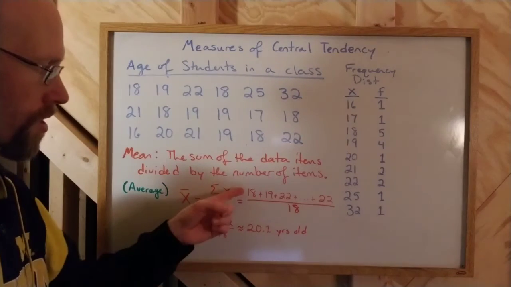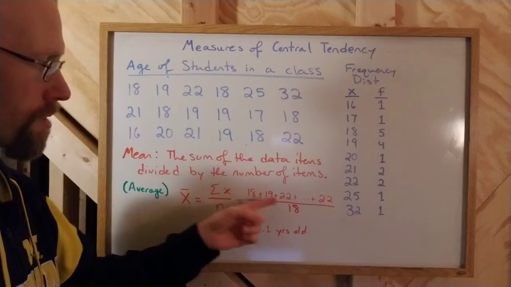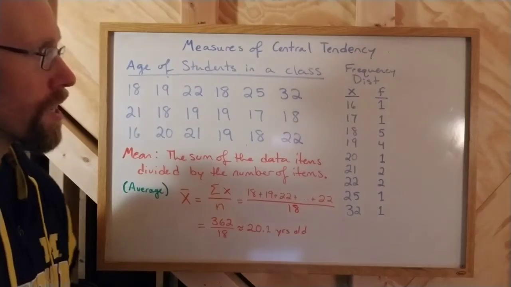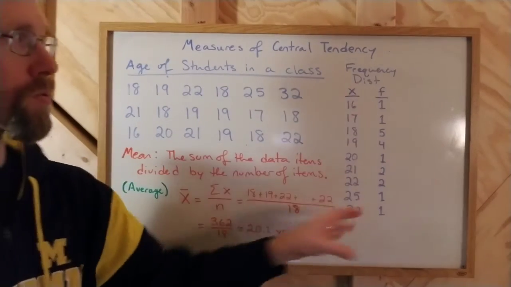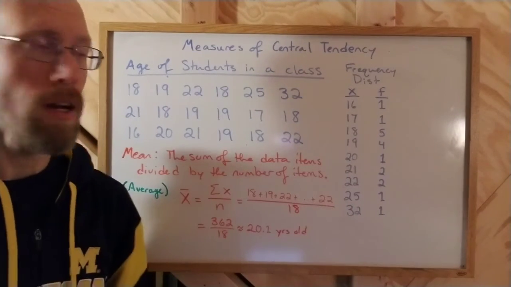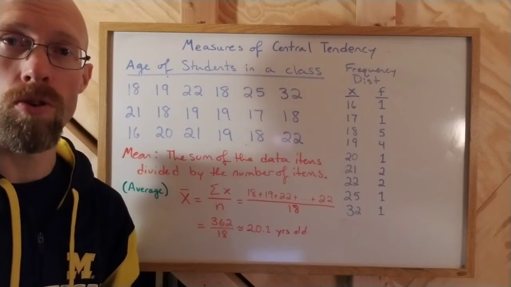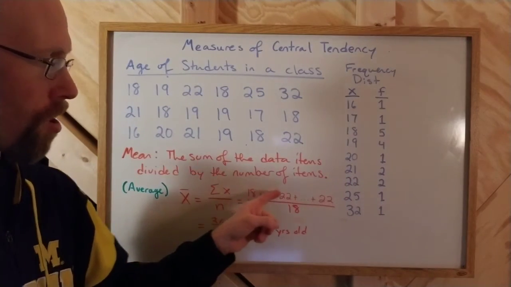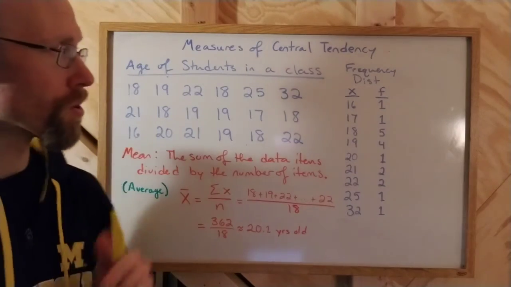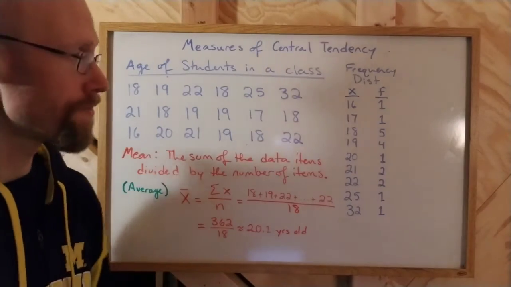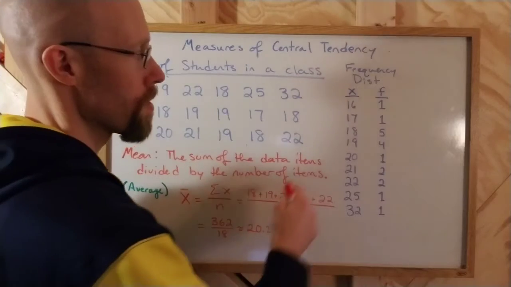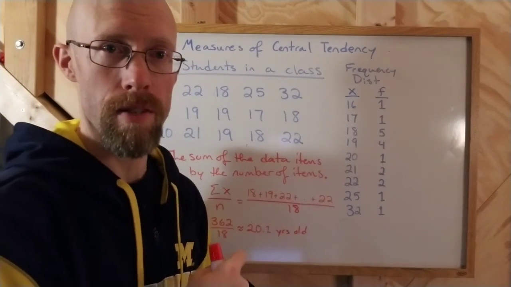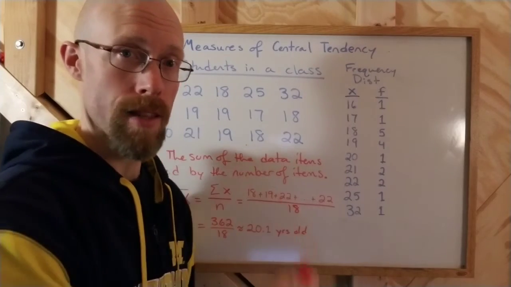Again, it's just calculated by adding up all the data items and dividing by the total number of data items present. Now you can actually get this off a frequency distribution as well. That can be a little bit shorter, because you don't have to add up all 18 of these. What you can do, which is equivalent, is multiply each value by the frequency of times that it occurs and then add those up.